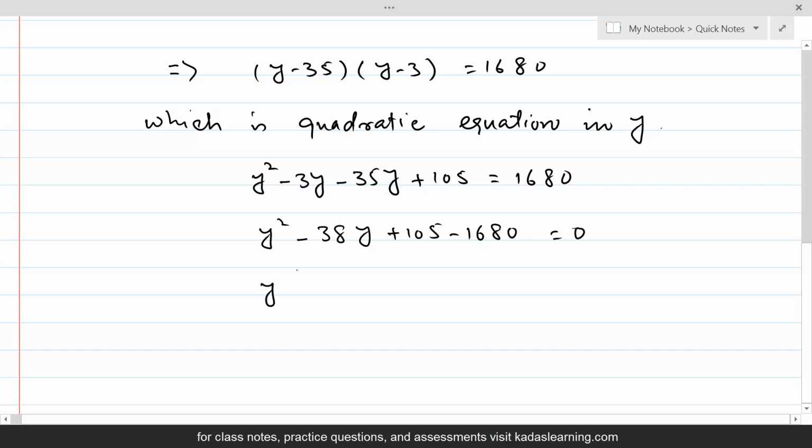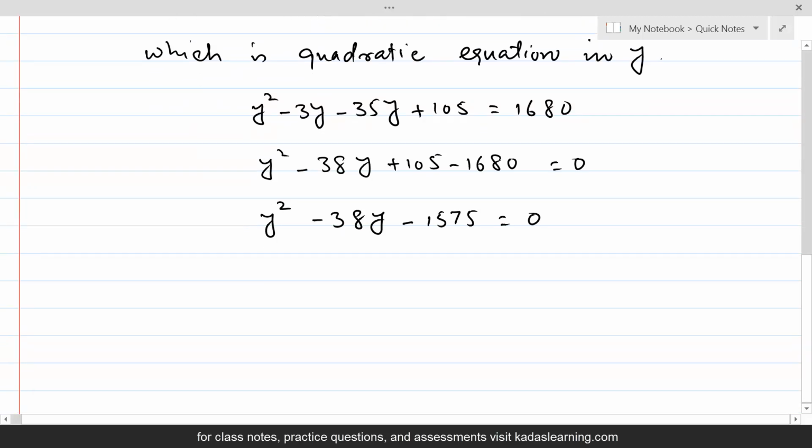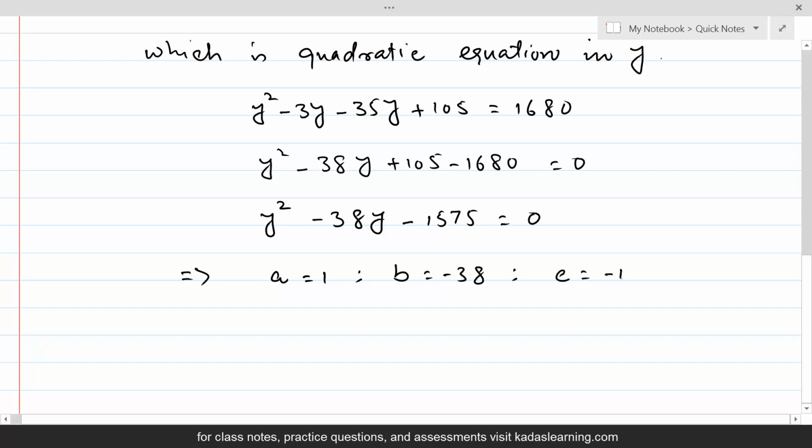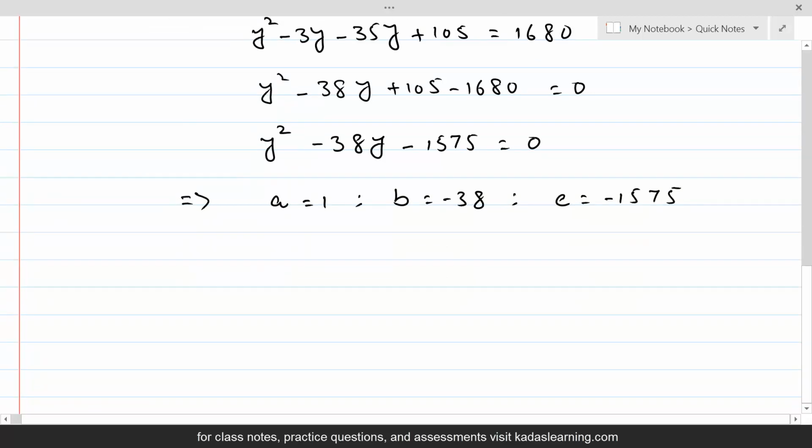And if we further simplify, it will become y squared - 38y - 1575 = 0. Comparing it with the standard form, we have a equal to the coefficient of y squared, which is 1, b is equal to -38, and c is equal to -1575. Not easy to factorize it.